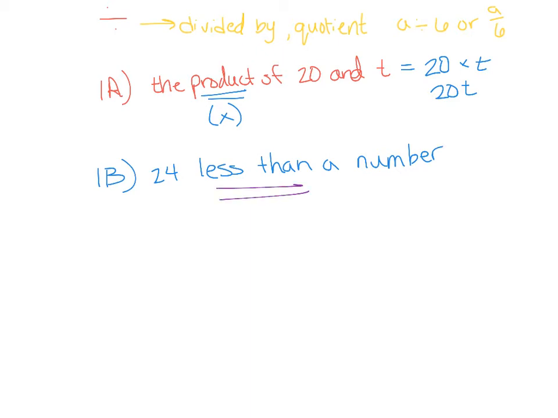Less than means to turn around, so that's going to be my turnaround sign. So I'm going to put the imaginary number first. We're going to replace that with a variable, so we're going to say it's x, and I'm going to put 24 second. Less than also means to subtract. So since these are turnaround words, x goes first, minus 24.